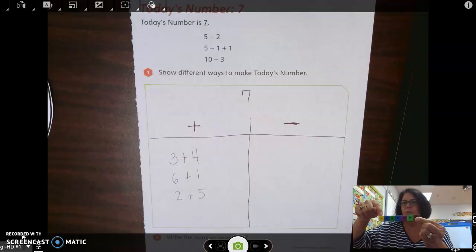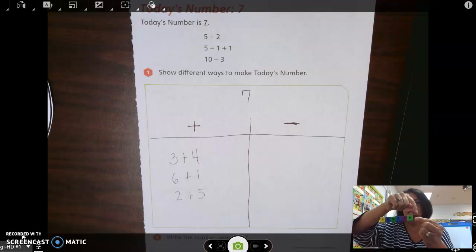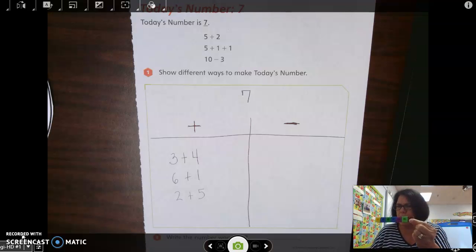Let's look and see. 1, 2, 3, 4, 5, 6, 7. So what we learn is, in whatever order we add the numbers, they're still going to equal the same amount. So order does not matter.